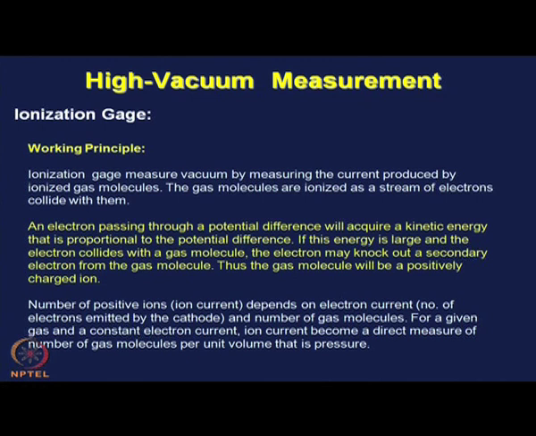So, for a given gas and a constant electron current, number of positive ions or ion current becomes a direct measure of number of gas molecules per unit volume, which is nothing but pressure.